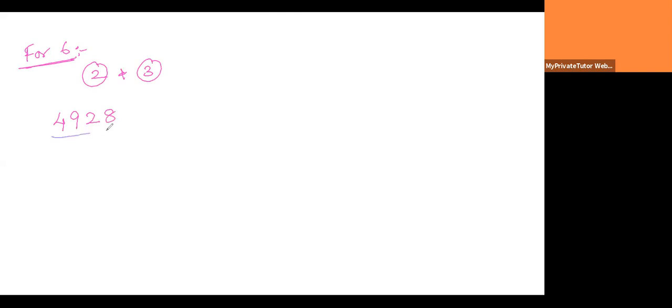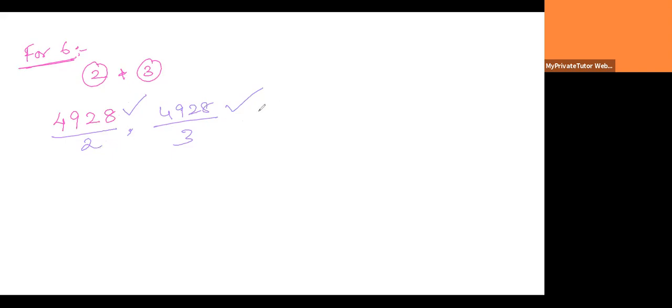If this number is divisible by both 2 and 3, then only this number is divisible by 6. Let's try. The last digit is 8, so that number is divisible by 2.